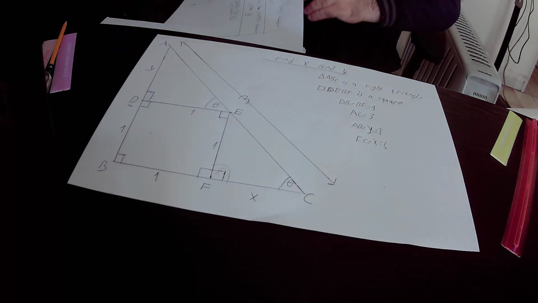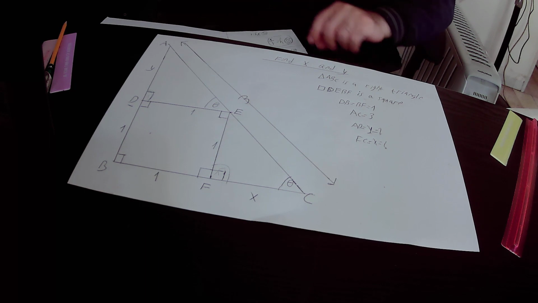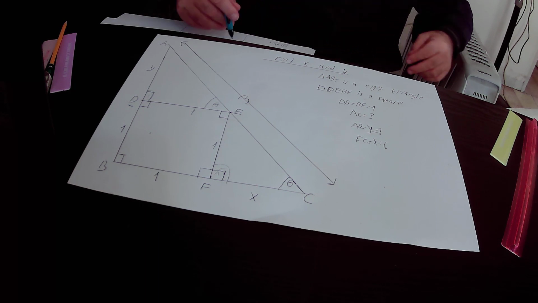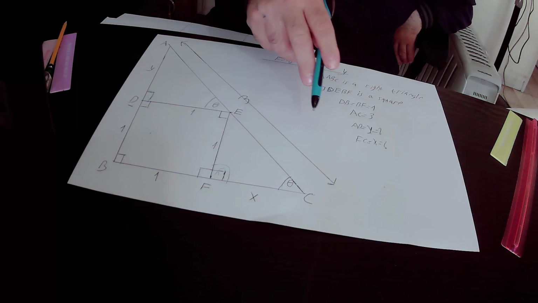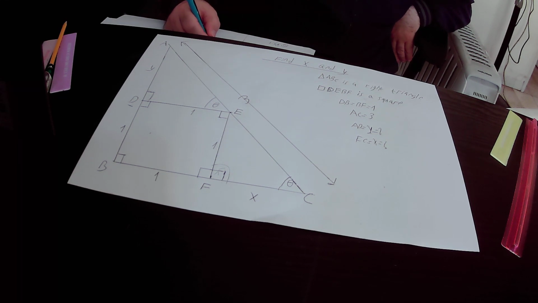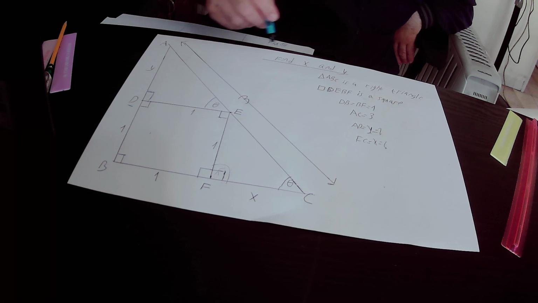According to the Pythagoras theorem, the square of the hypotenuse equals the sum of the squares of the perpendiculars. That is to say, in the right triangle ABC, the hypotenuse is AC and the square of the hypotenuse is AC squared. And it equals the sum of the squares of the perpendiculars, that is to say, it equals AB squared plus BC squared.